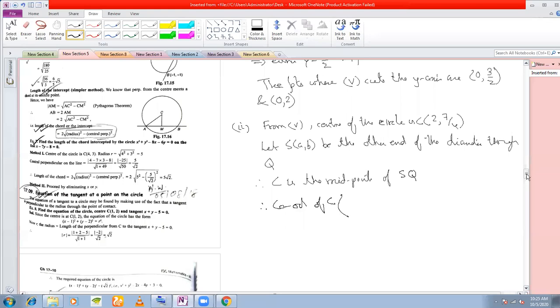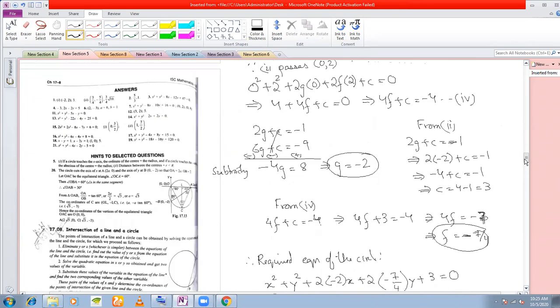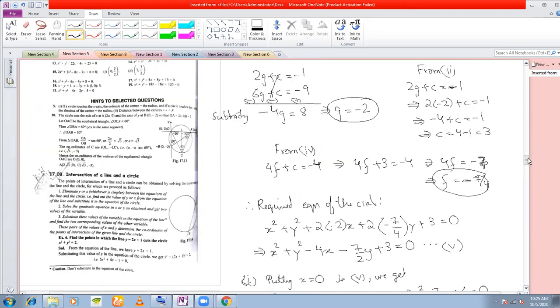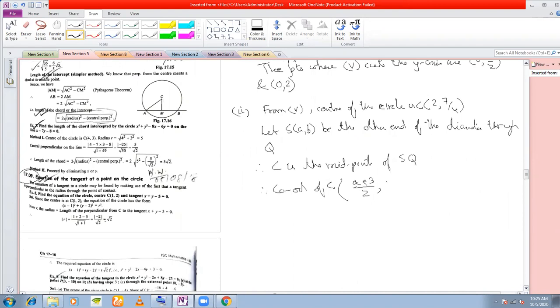What are the coordinates of C? X coordinate is A plus 3 by 2 and B plus 0 by 2. So the coordinates of C is A plus 3 by 2 comma B by 2.